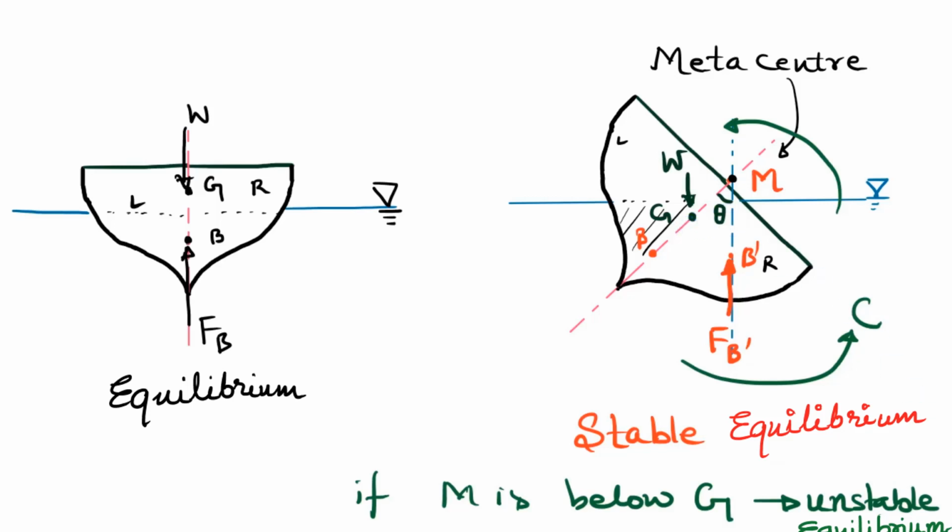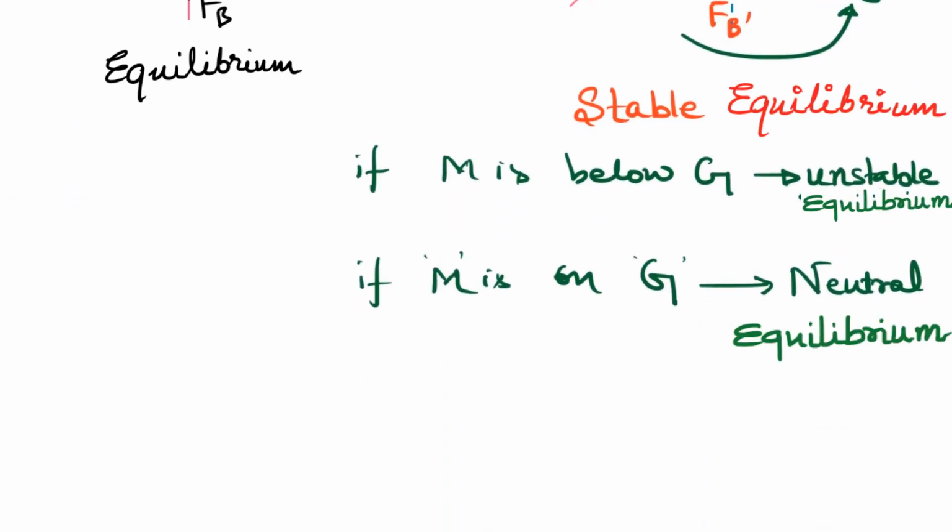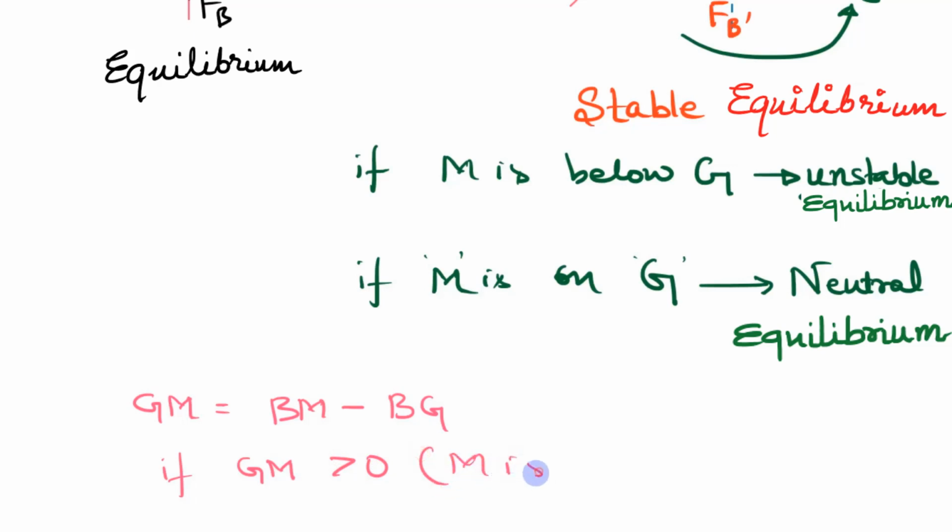We can also write one expression for additional work. We can write that GM is equal to BM minus BG, where GM is called the metacentric height. If GM is greater than 0, that means M is above G, and we say the body is in stable equilibrium.